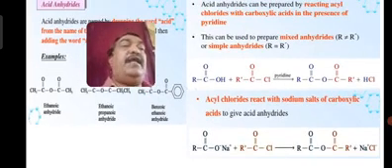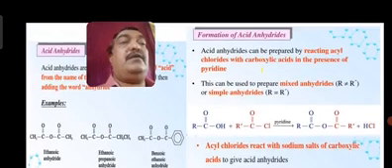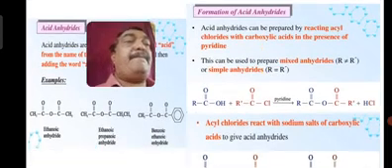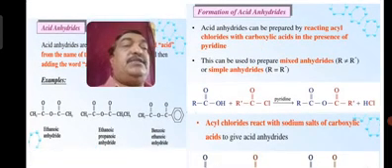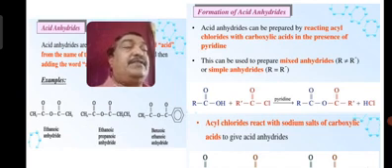So these are the anhydrides, and these anhydrides can be prepared by treating carboxylic acid with an acyl chloride RCOCl, such as acetyl chloride. Whereby the H and Cl will be eliminated as HCl, and in the presence of pyridine you get RCOOCOR', that is your anhydride.